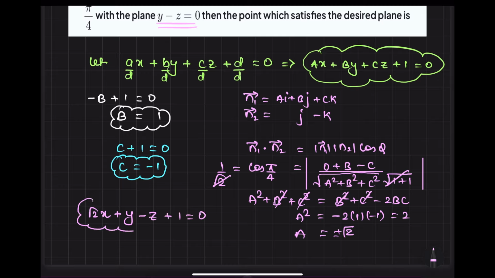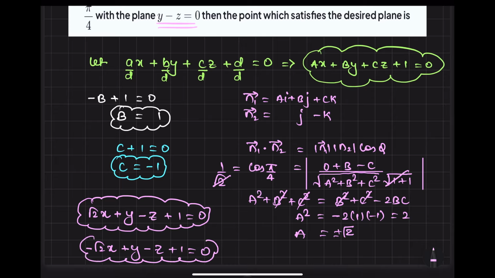So this is your plane 1. Or if it is minus root 2, so minus root 2 x plus y minus z plus 1 equals to 0. This is the equation of plane 2. So this is your required equation of plane.